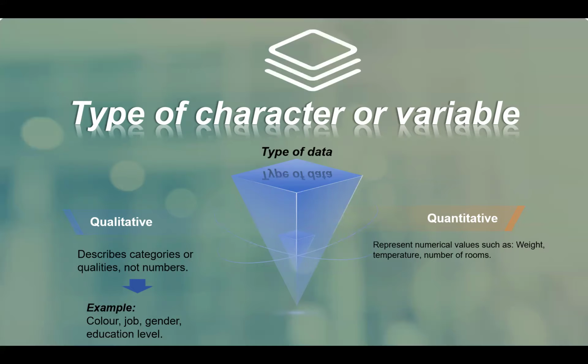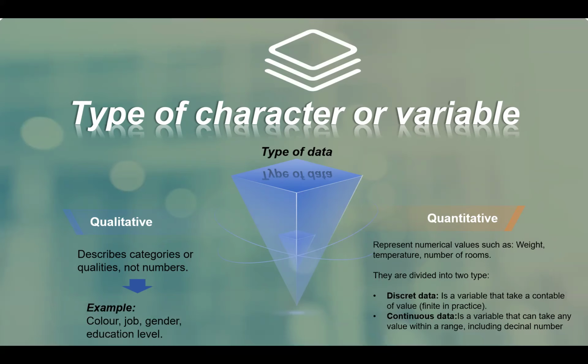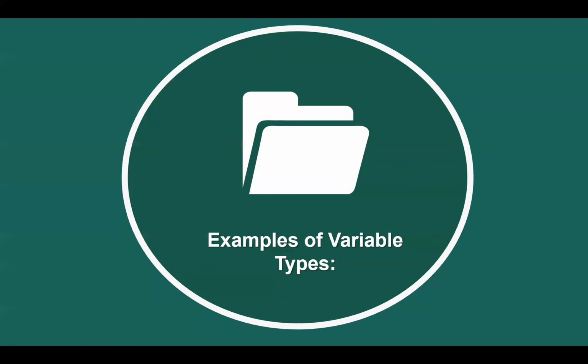Quantitative variables represent numerical values such as weight, temperature, number of rooms, and they are divided into two types. Discrete data is a variable that takes a countable or finite number of values in practice. Continuous data is a variable that can take any value within a range, including decimal numbers.